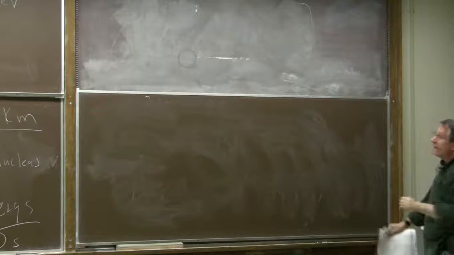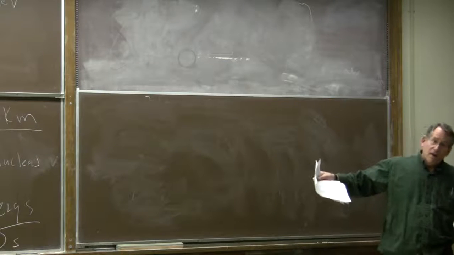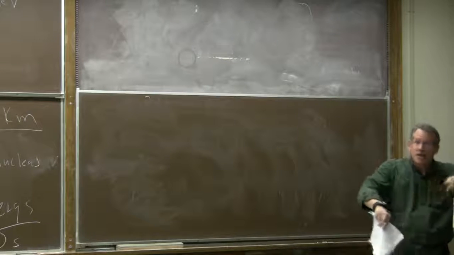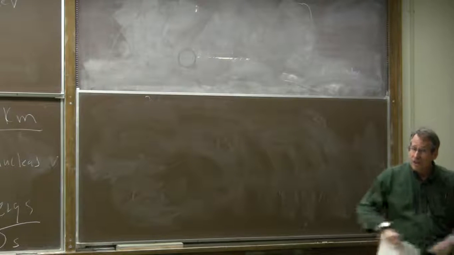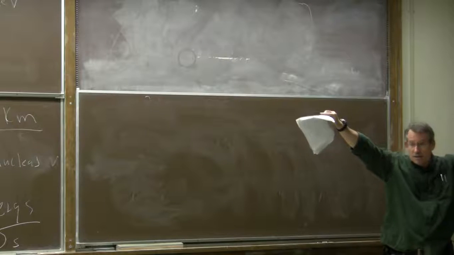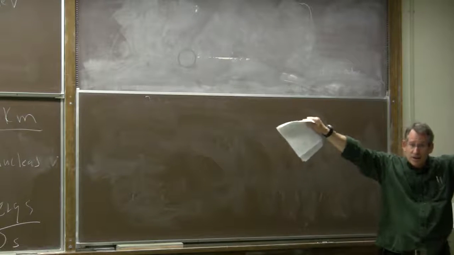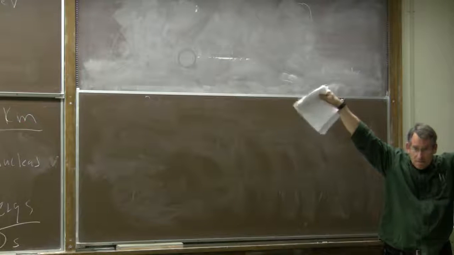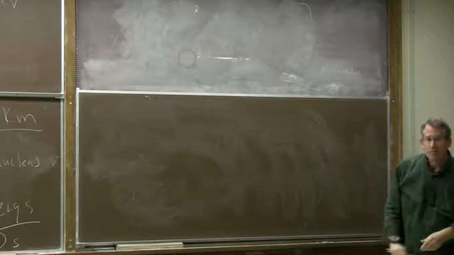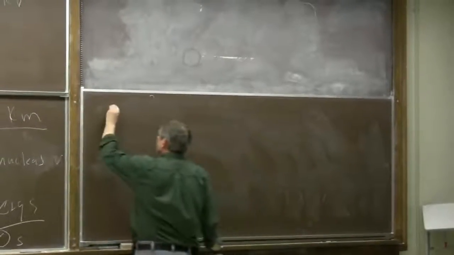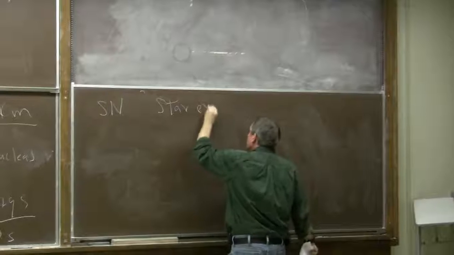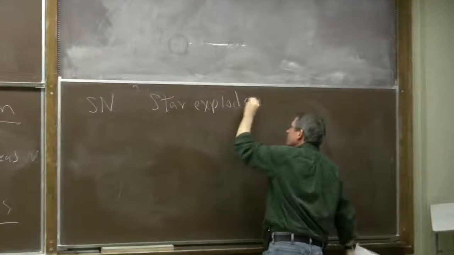But this stuff is so dense that the neutrinos get scattered many times on their way out. That means some of their energy gets deposited in the matter in the star. And so what do you think happens to the star? It blows up. That's what happens in a supernova. The star explodes.